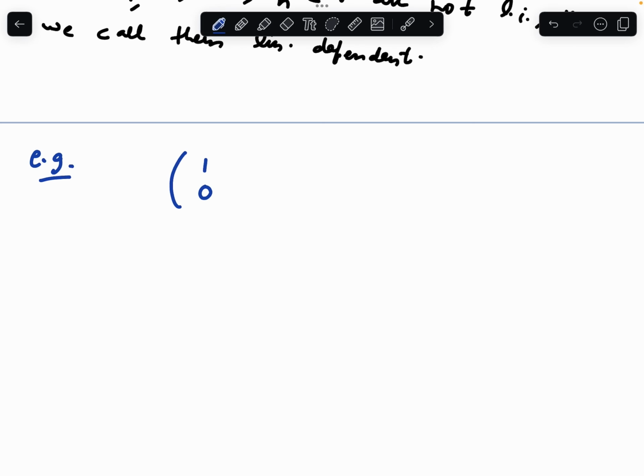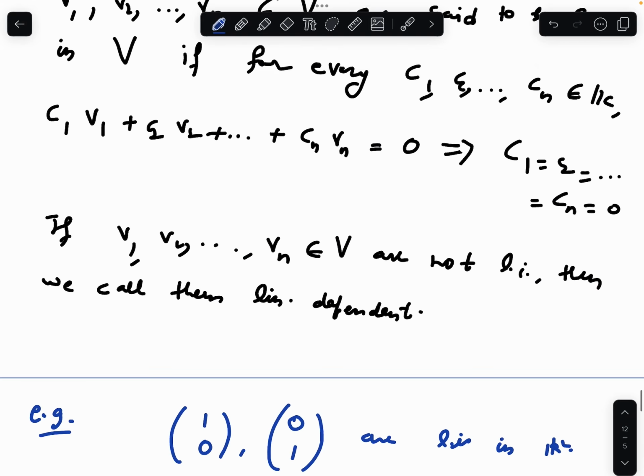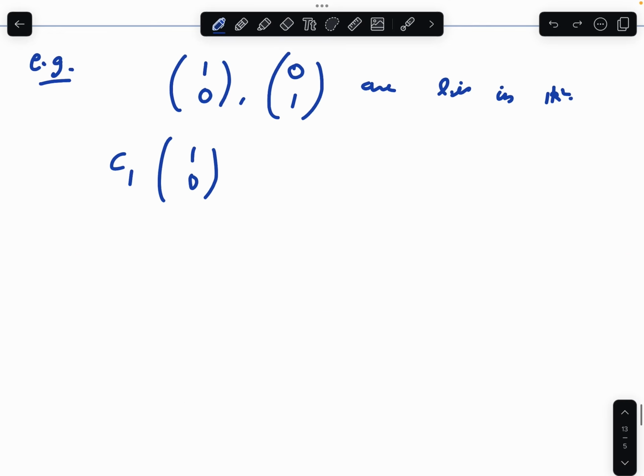So (1, 0) and (0, 1) are linearly independent in R2. Why? Because if you write this condition equal to 0, then you should get C1, C2 both equal to 0.